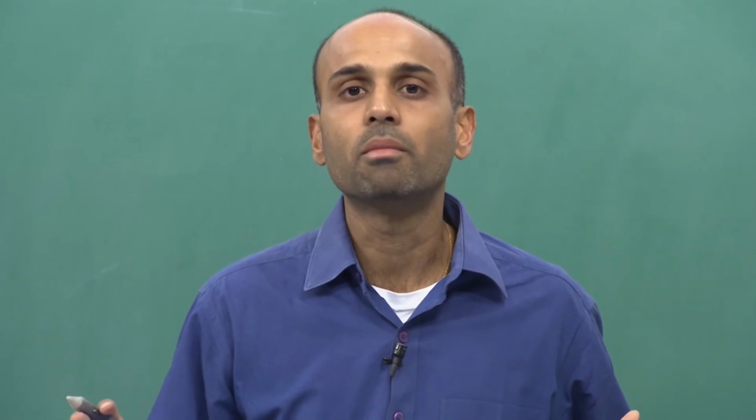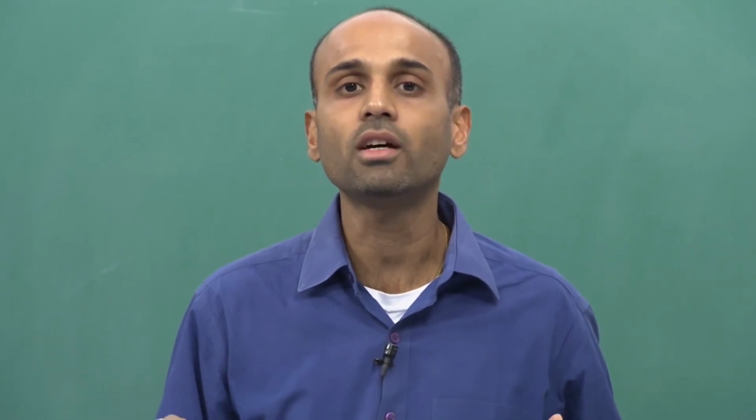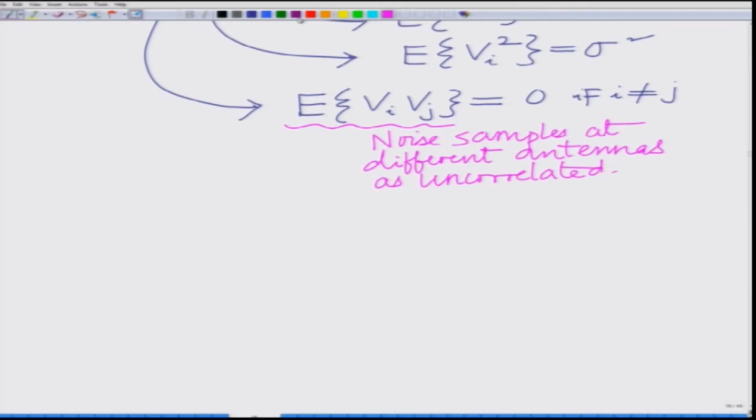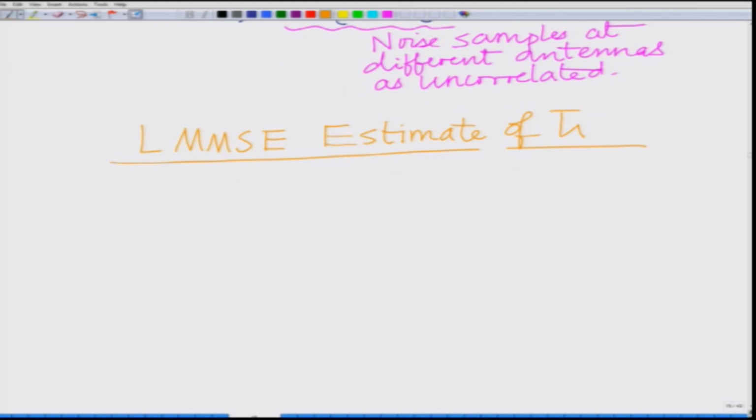Now, let us find the LMMSE estimate of h bar. Now, we have all the ingredients to find the LMMSE estimate of the channel vector h bar. Okay. So, let us now proceed to find the LMMSE estimate, and we know we have derived this expression.